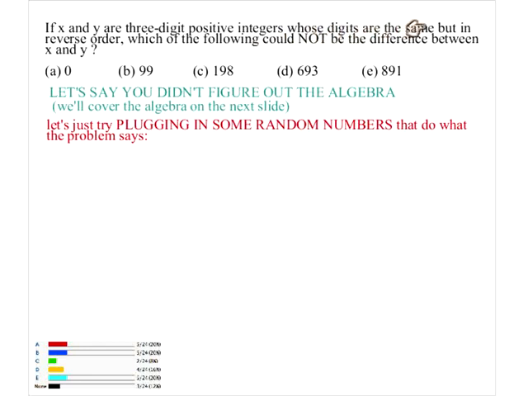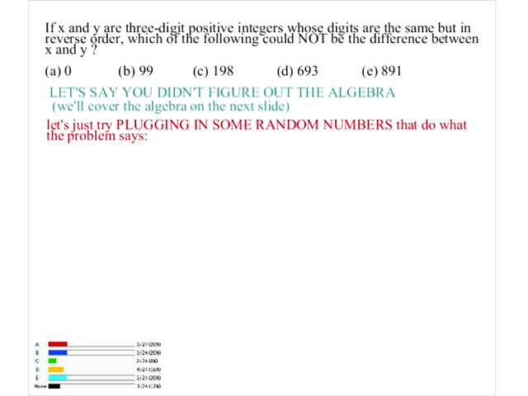It means the digits of x are the same as the digits of y, but reversed. The examples in the text box are good: 122 and 221, or 102 and 201, or 908 and 809, 321 and 123. Let's just try these.